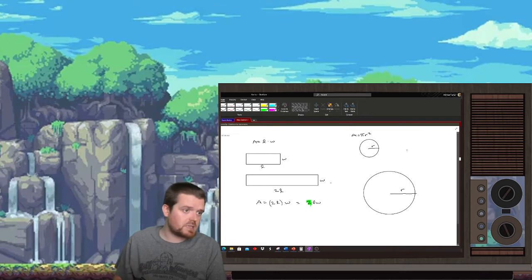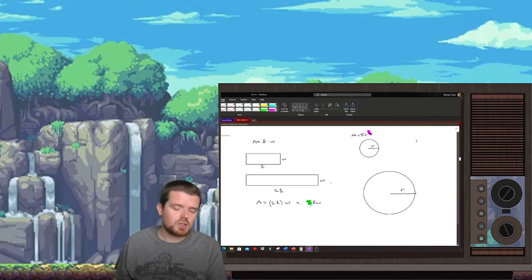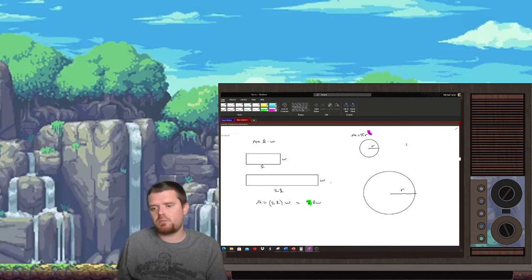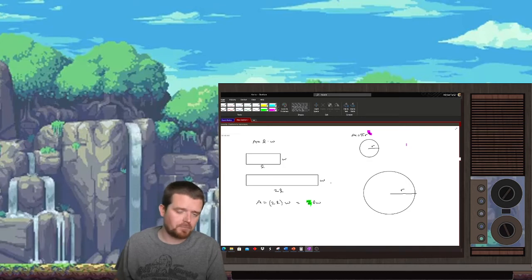And the reason for that specifically is because in the area formula, the radius is being squared. So if the variable is squared or cubed, then the change in dimensions is going to be in proportion with that exponent.